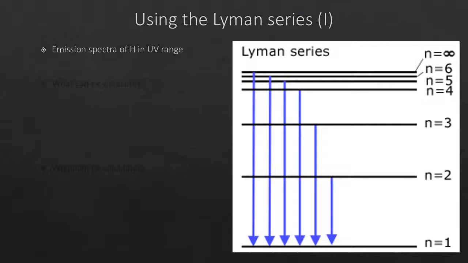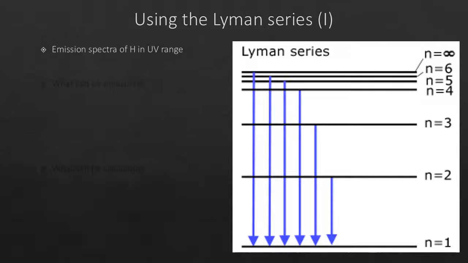So let's start with the Lyman series. You may or may not remember this, but the Lyman series is one of the emission spectra of hydrogen, and its light waves are in the UV range, so just outside our visible spectrum. And this is a picture of our Lyman series.